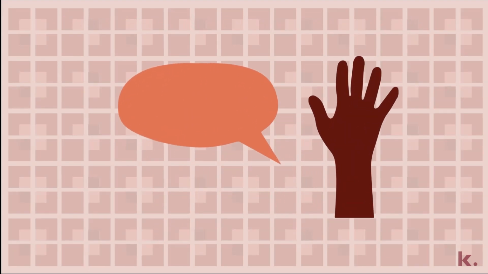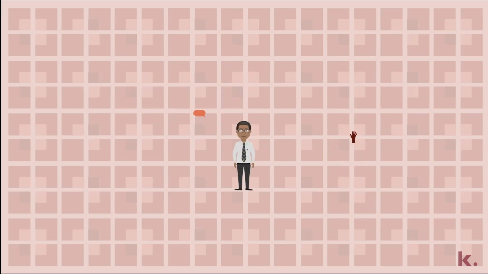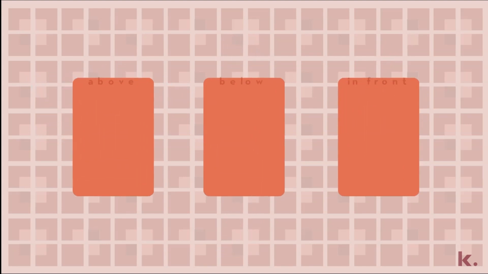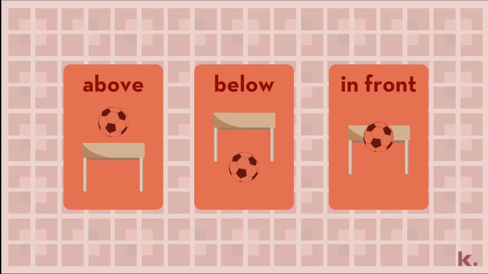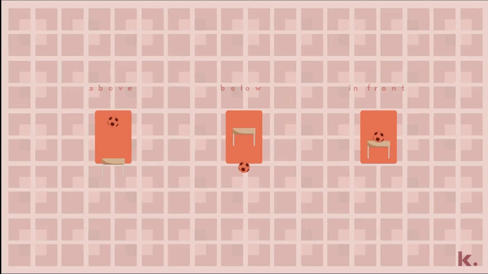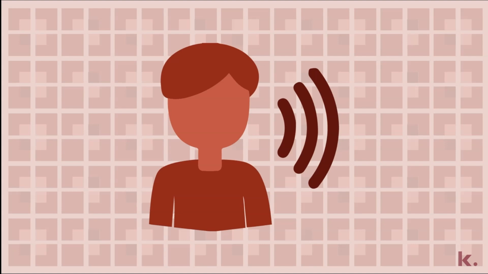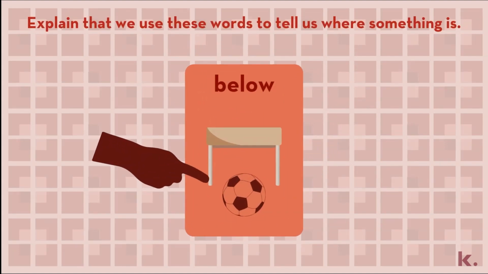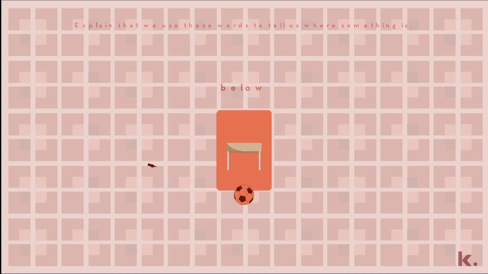As the children provide their answers, draw their attention to any positional vocabulary and write these words onto the board. Alternatively, you can create a set of positional words onto cards ahead of the lesson and stick these cards onto the board during your discussion. Talk about the purpose of these positional words. Explain that we use these words to tell us where something is.